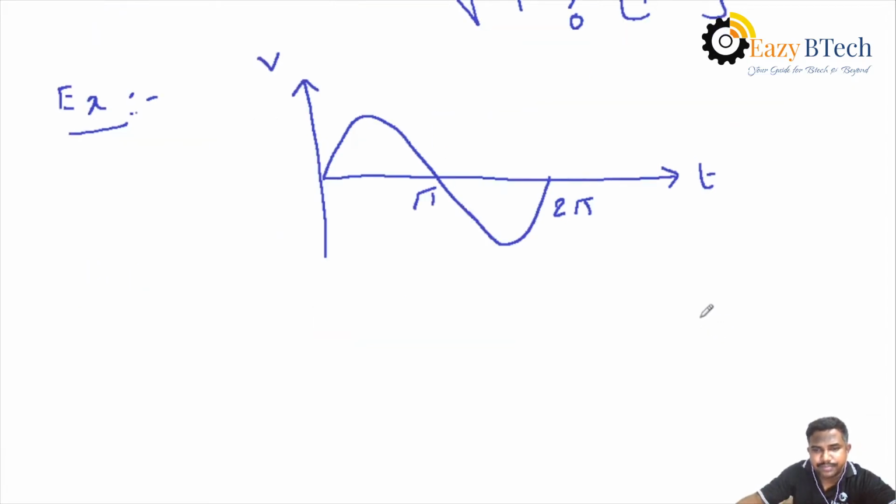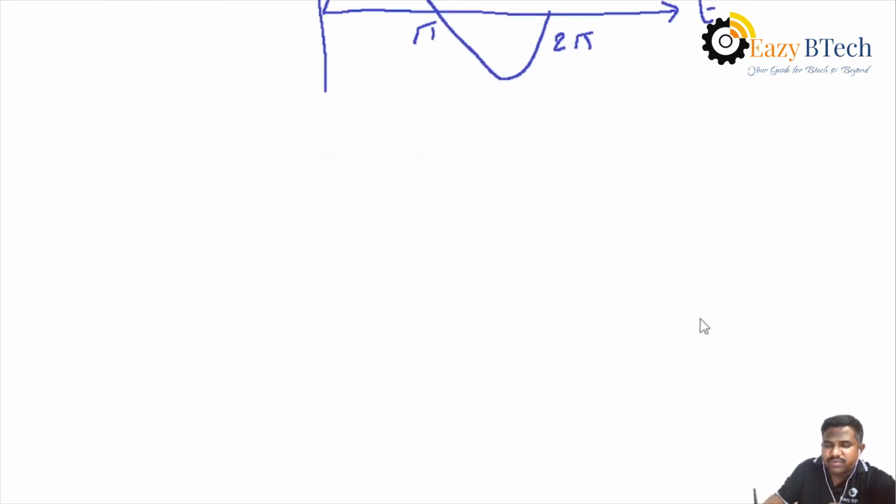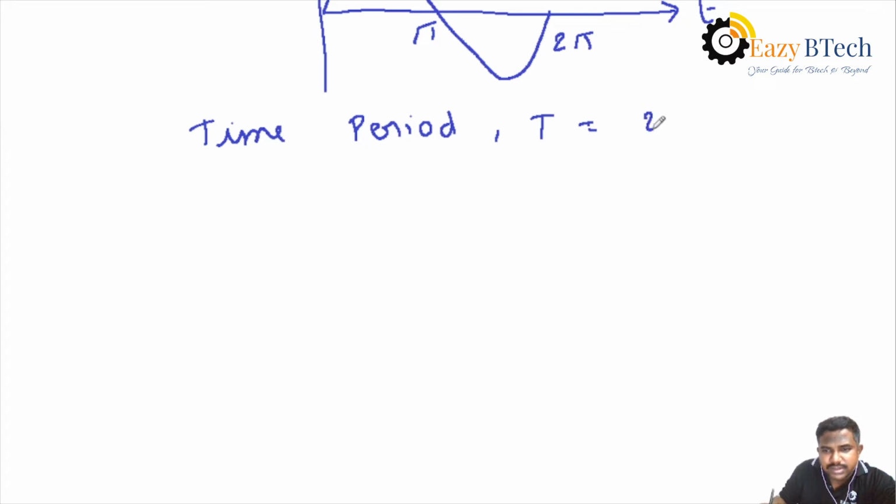Before going to the average value and RMS value, you have to find the time period of the waveform. That is where the function is repeated. That is called the time period. After 2 pi, the same waveform is repeated. That's why the time period is taken as 2 pi.